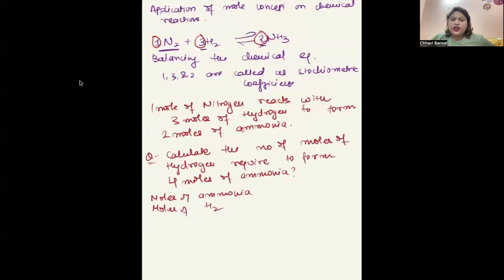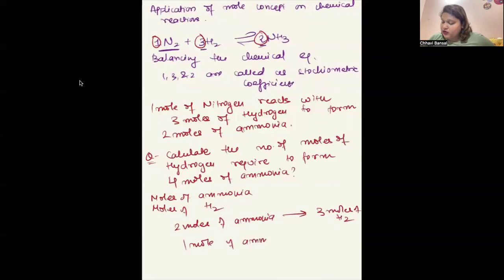What do we know from the reaction? We know 2 moles of ammonia requires 3 moles of hydrogen. Then 1 mole of ammonia will require 3 by 2 moles of hydrogen, right? And how many moles are given? 4 moles of ammonia.